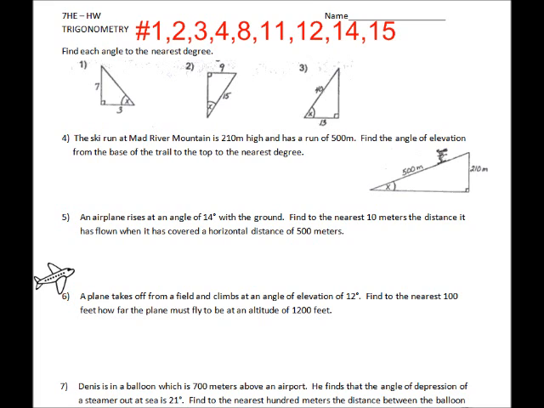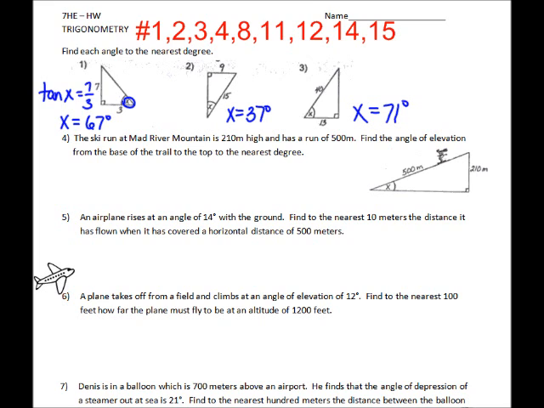So let's start with number 1. Number 1, I'm trying to find this angle. I do not have the hypotenuse, so I know it's tangent. And the tangent of x equals 7 over 3. If I plug that in my calculator, I should get x is 67 degrees. Just so you can check these, I will tell you here that x is 37 degrees and x is 71 degrees.